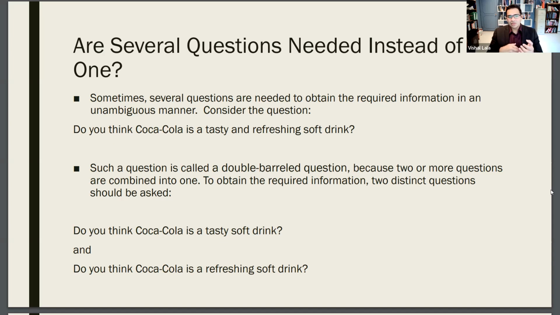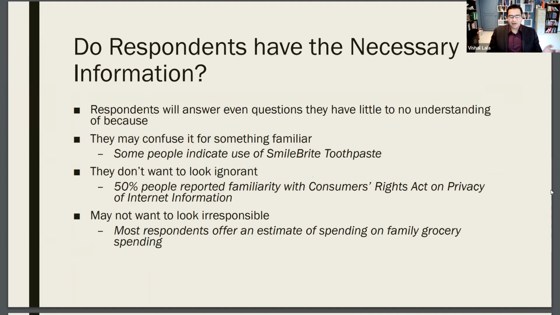What if somebody thinks Coca-Cola is tasty but not refreshing? How should they then respond to this question? To clarify, if there are indeed two questions here, it may make sense to break the question into two of them, such as, do you think Coca-Cola is a tasty soft drink? Do you think Coca-Cola is a refreshing soft drink? So if it's a double-barreled question, break it into two to clarify what is being asked.